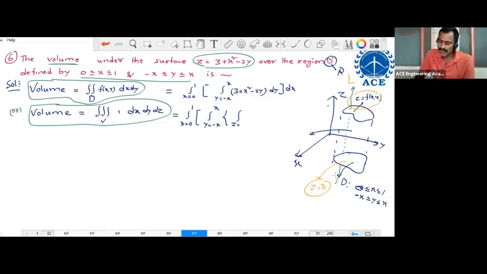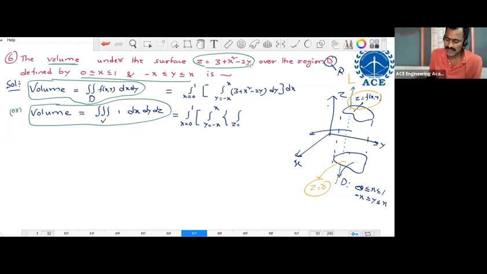If you draw the line parallel to Z axis, the line enters this space region through this base plane, and same line leaves the region through this top surface only. So the base surface will give the lower limit for Z, the top surface will give the upper limit for Z only. Equation of the base plane is Z equal to 0, equation of the top surface is Z equal to 3 plus x square minus 2y.